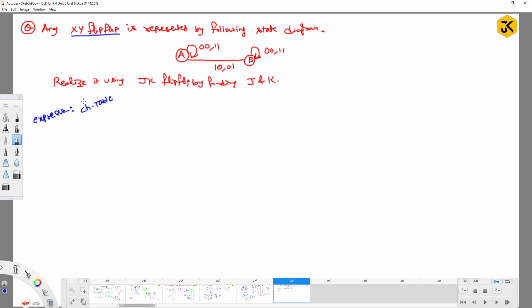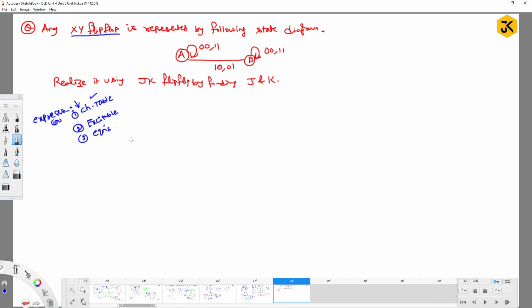Basically, whether it is an expression, a characteristic table, or a state diagram, finally you have to get the characteristic table for the destination flip-flop. The second step is to find the excitation table for the source flip-flop, and at the end you have to generate various equations.